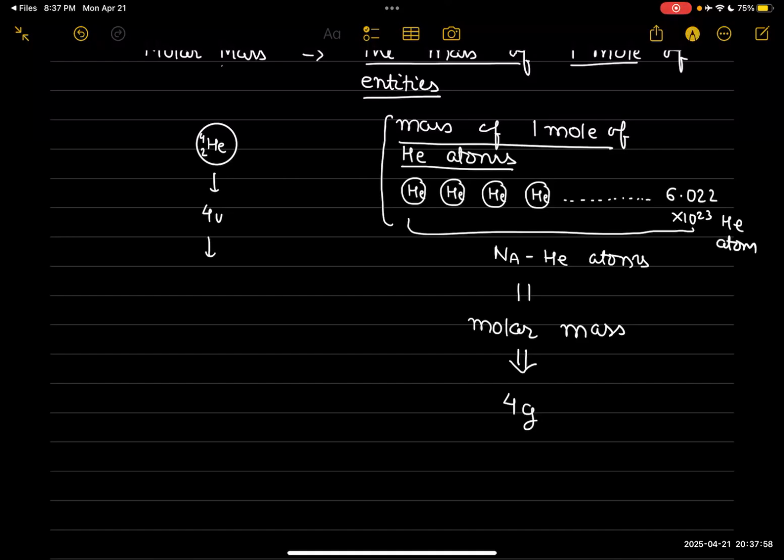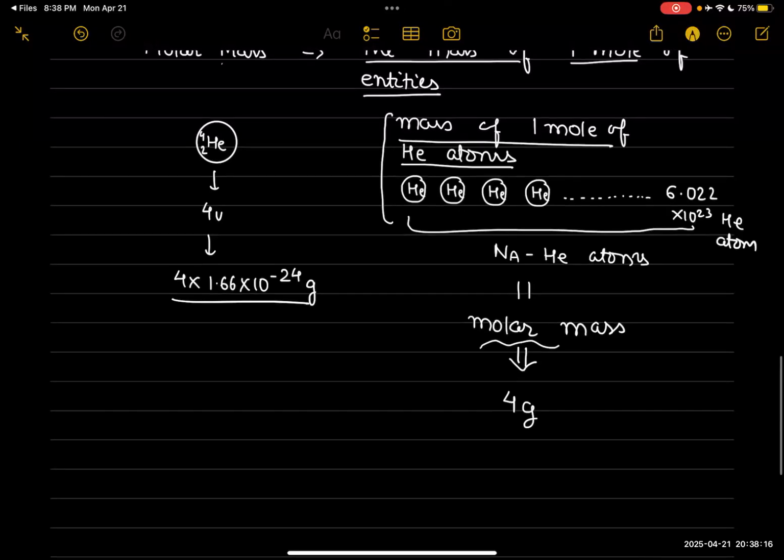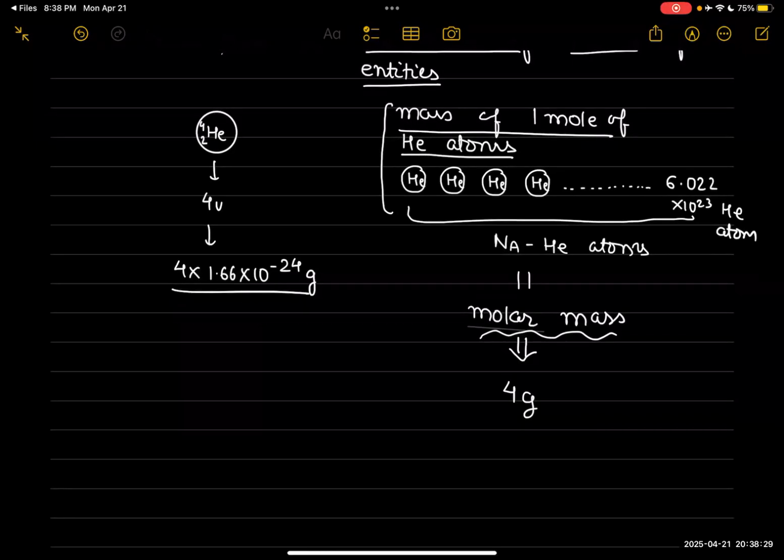This is actually 4 into 1.66 into 10 to the power minus 24 grams. This is not 4 grams, it is a very small number. But if you take one whole bunch, that is 1 mole of helium atoms, the figure remains the same, that 4. And the mass for the whole 1 mole is going to be 4 grams. Got it? Is it clear or not?